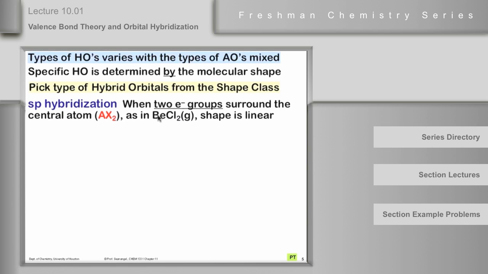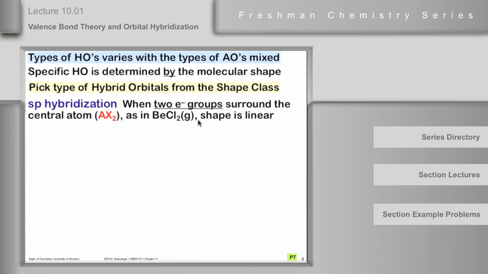And the electron groups would be, for example, in this BeCl2 gas molecule that we looked at, 180 degrees apart, and that would account for the repulsion dictating the shape.